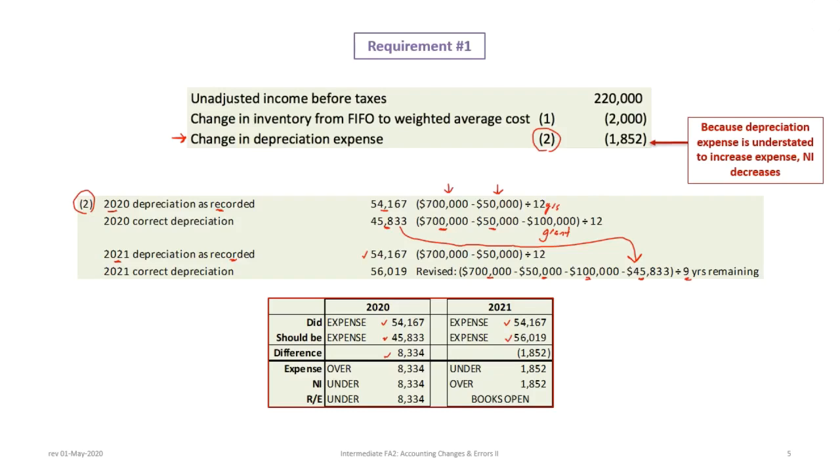Now be careful here. This 1,852 is the only item that gets changed here, because this 2020 would be adjusted to retained earnings. Remember, what we're doing here is a revised income statement, right? We're not doing a retained earnings statement yet. So this goes to the income statement, and this would be adjusted to retained earnings.